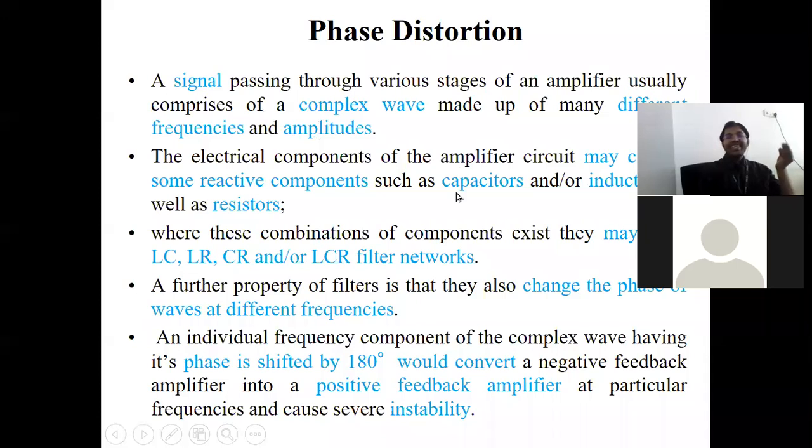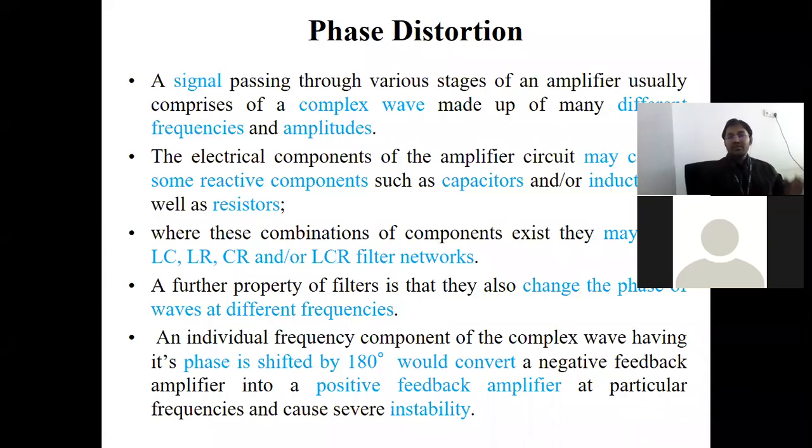Now, an amplifier contains reactive elements like capacitors and inductors. I hope you know that a capacitor and an inductor provide phase shift. Due to that phase shift, you have phase distortion.